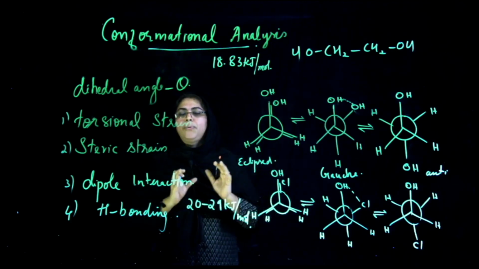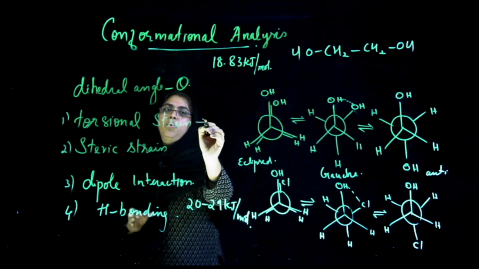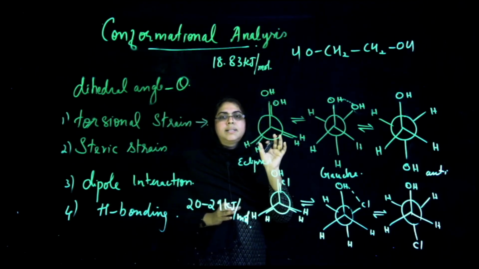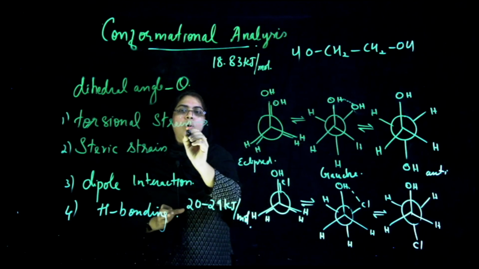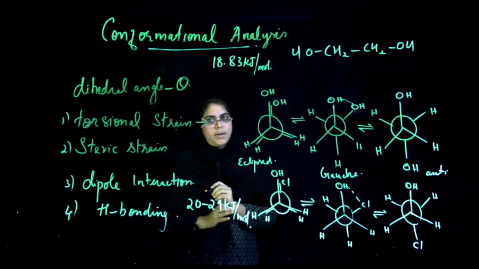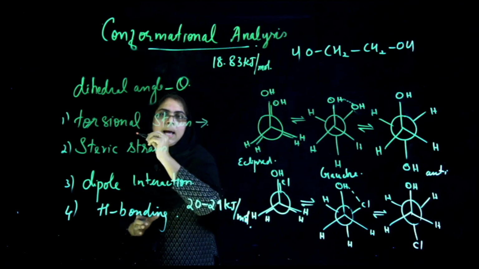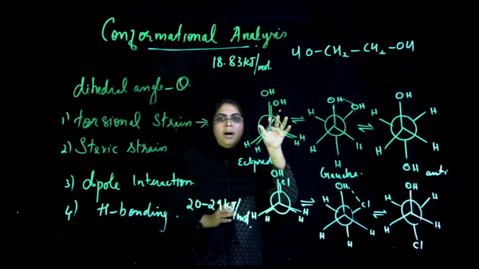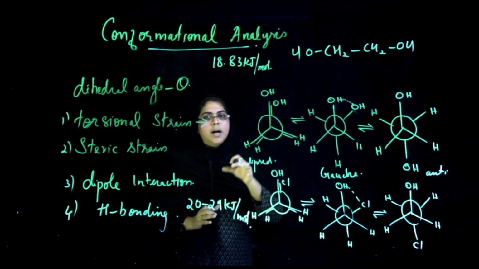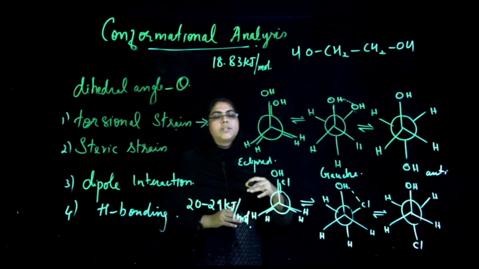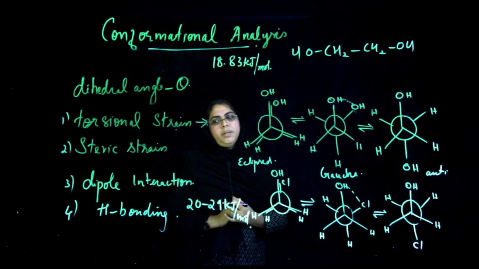In the case of ethane molecule, we explain the energy difference and the stability of the molecule by using torsional strain. In the case of butane molecule, both torsional and steric strain are involved. And when we come to ethylene dichloride, dipole moment is another factor which stabilizes the conformational isomers.